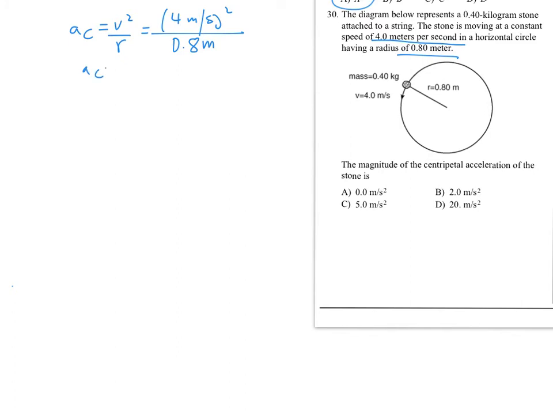So our centripetal acceleration will be equal to 20 meters per second squared. If we expand on that math, we get 16 over 0.8. 16 divided by 0.8 results in 20. So that's choice D.